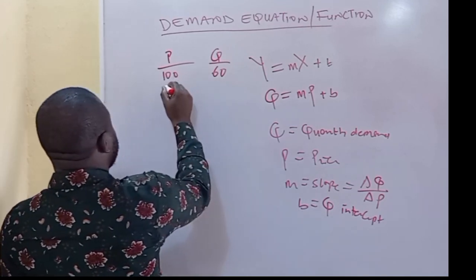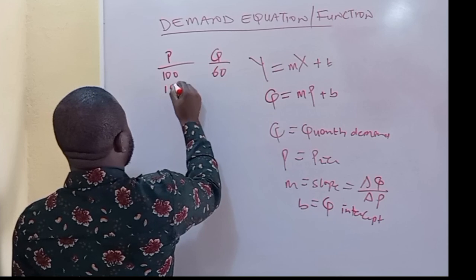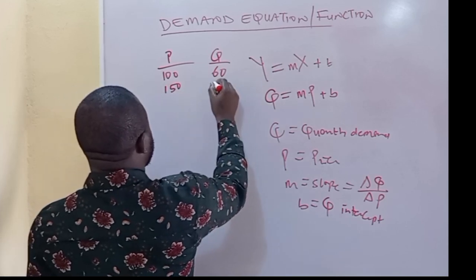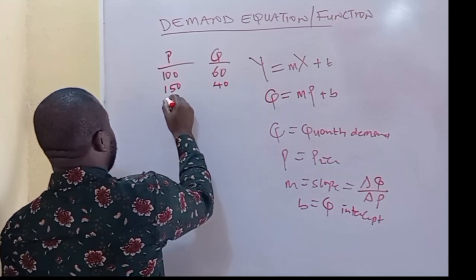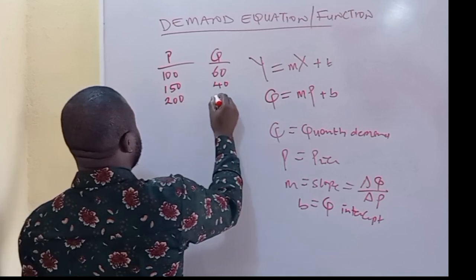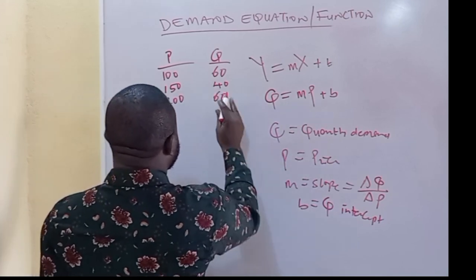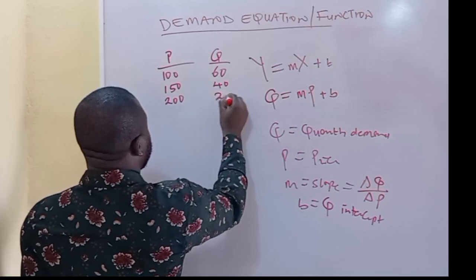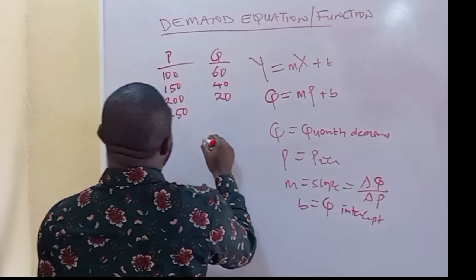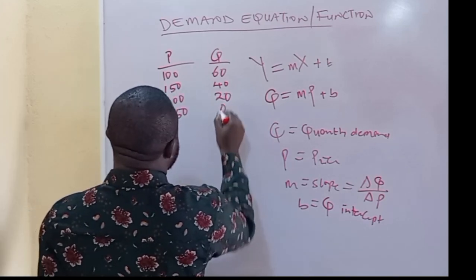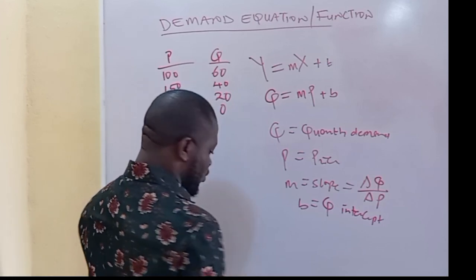When the price of apple increased from 100 naira to 150 naira per apple, the consumer was willing to purchase 40 units of apple. When the price increased further from 150 to 200 naira per apple, the consumer was willing and able to purchase 20 units of apple. While when the price increased further from 200 to 250 naira per apple, the consumer was not willing to purchase any apple at all.